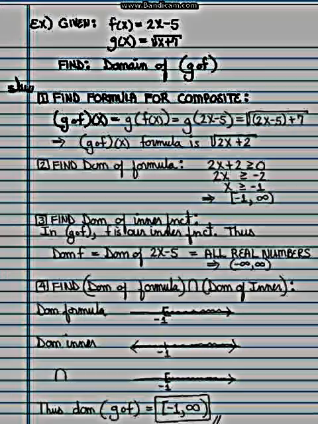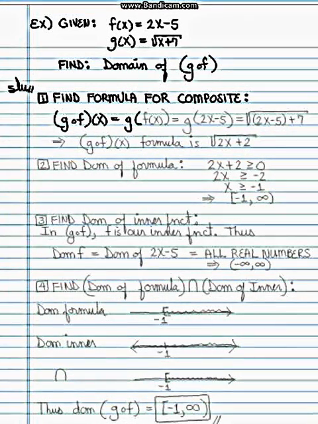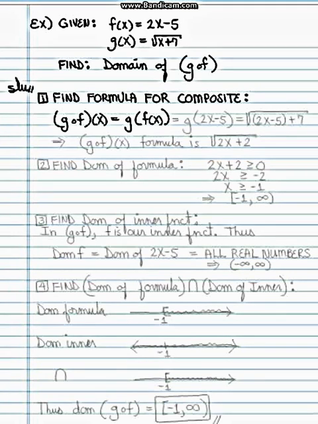Okay, so we have g composite f of x. Well, by definition, that's equal to g of f of x. So the next line, you just replace the f of x with what it's defined to be equal to on the top. We're given that it's 2x minus 5.